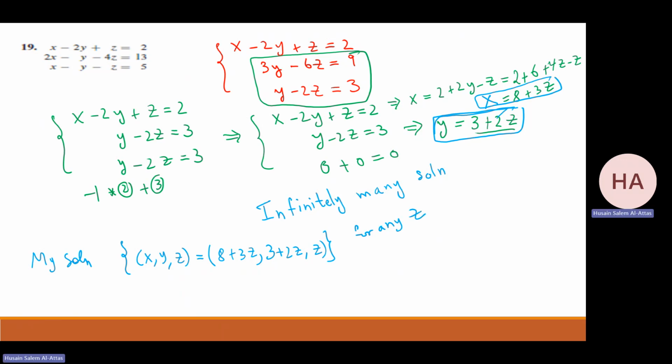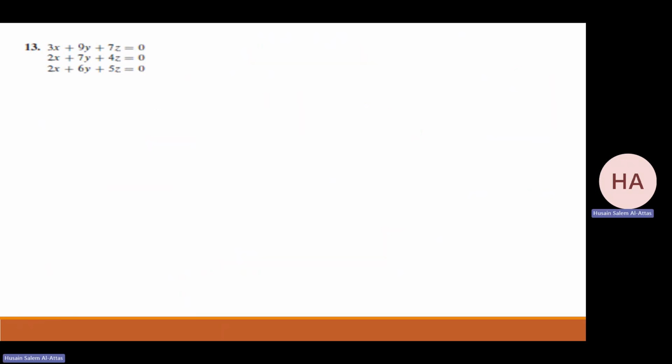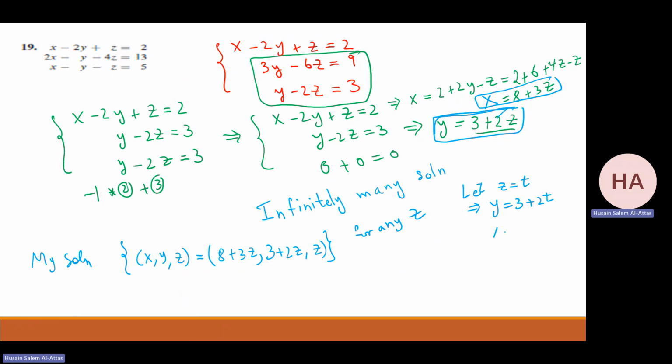Or we can write it this way: I let z equal t, so y equals 3 plus 2t, where t is any value, and x equals 8 plus 3t. So you have infinitely many solutions.